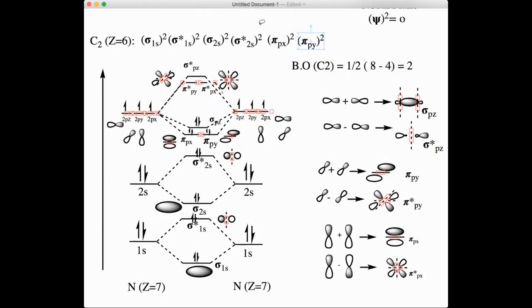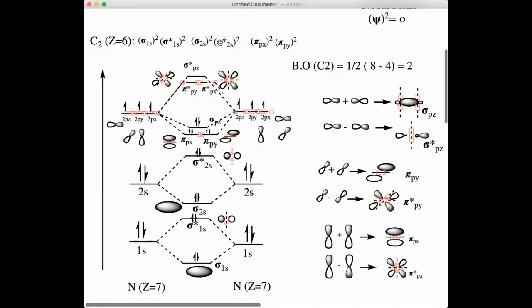So the electronic configuration of a molecule of N2 will be, I'm going to put this slightly smaller: sigma 1s2, sigma star 1s2, sigma 2s2, sigma star 2s2, nothing new.